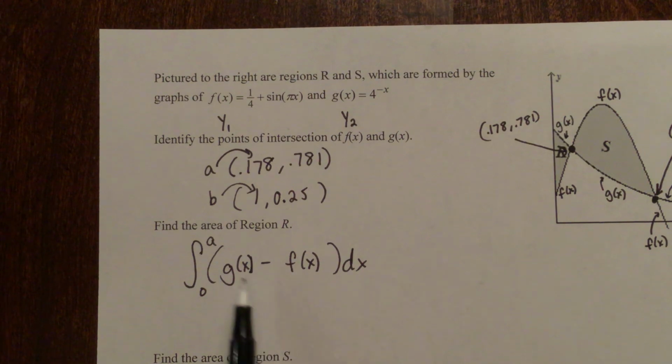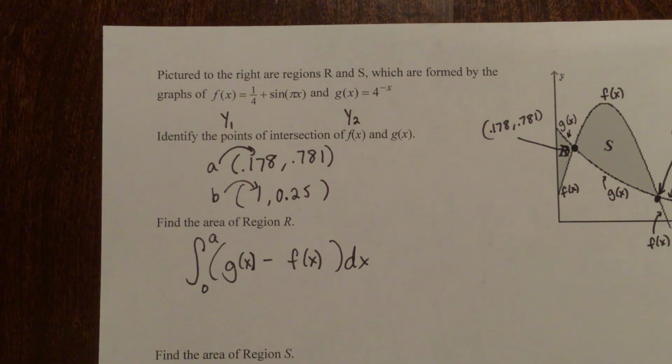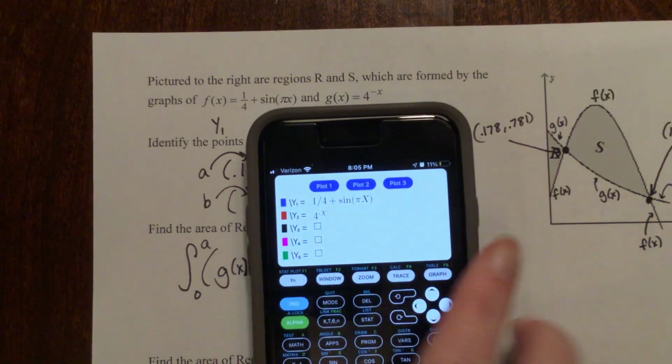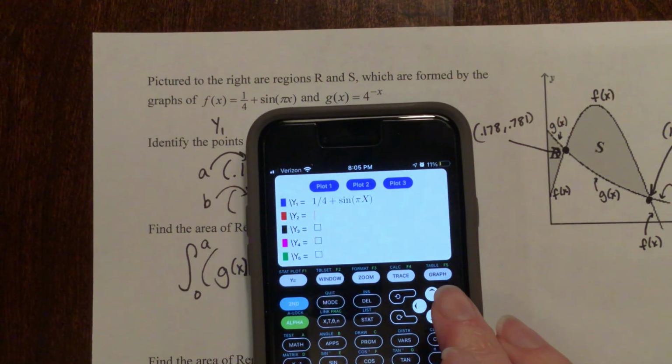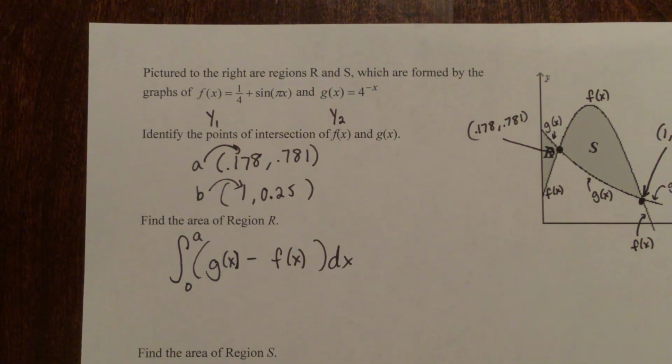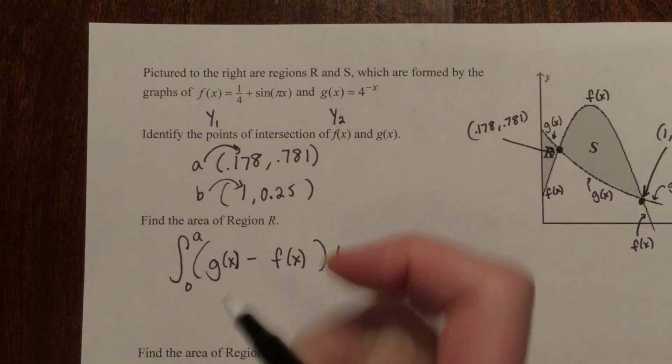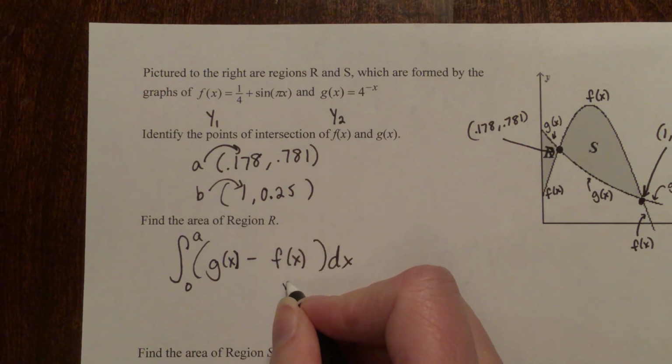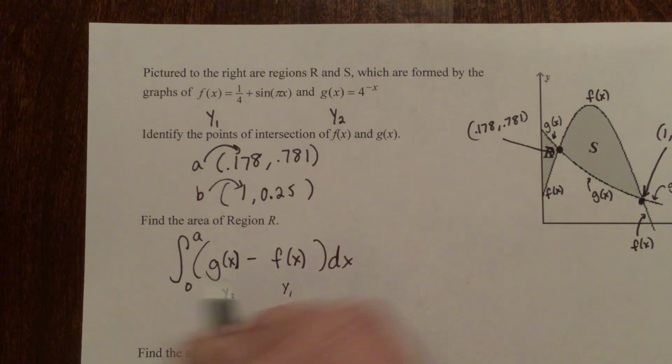They don't see y1 and y2 and think that's okay. So this is g of x minus f of x. We need our functions to be in y equals, that way we don't have to type them in more than once. They were already typed in. 4 to the negative x. We said y1 was the first one, and that was f of x. So you can make a note to yourself, but that's it. This is y1, this is y2.